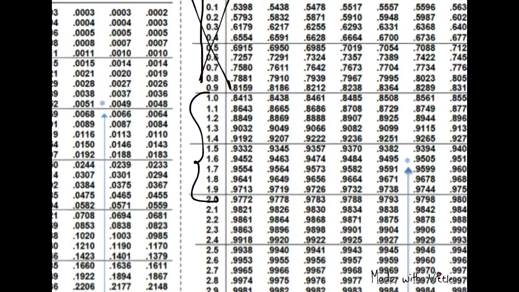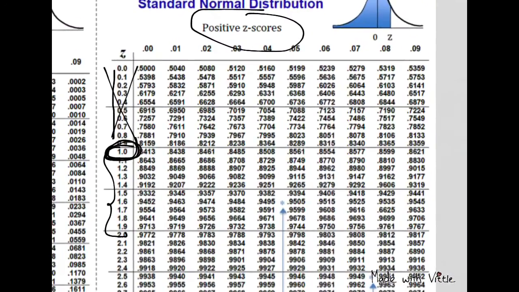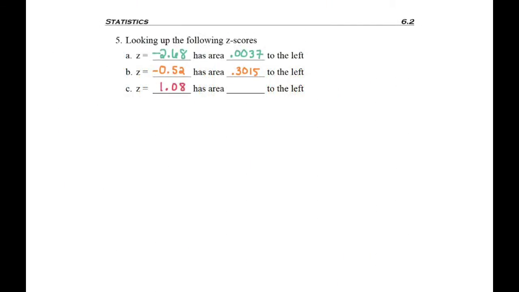Remember, I'm just going for the first digit, so 1.0, and the 8 would be up above, and so I'm reading right across this line until I get to this box, and 0.8599 is the area to the left of that z-score. So now we found that the area to the left of positive 1.08 is 0.8599.